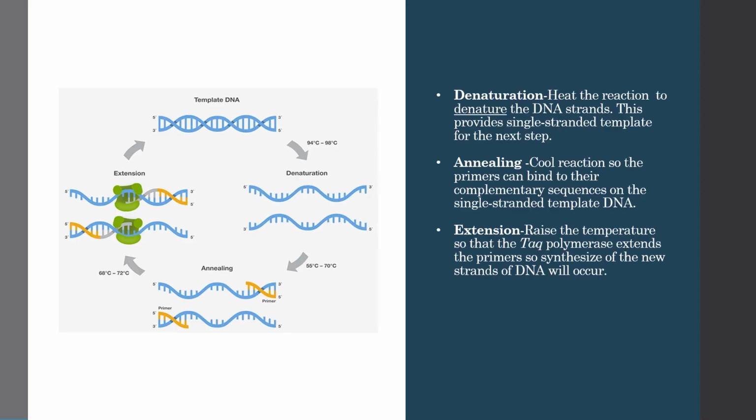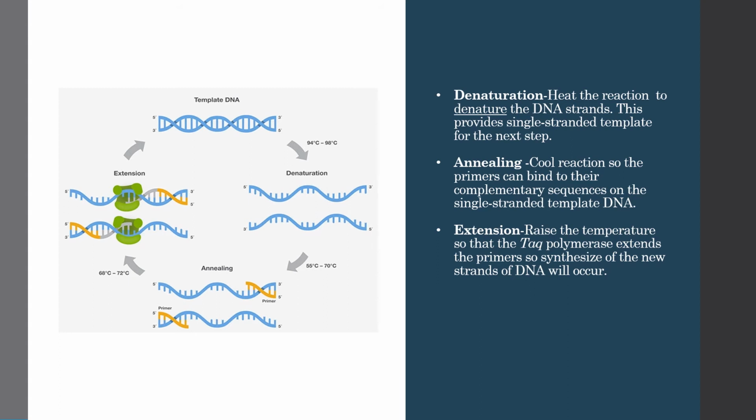These are the three main stages. The first stage is denaturing. So what's going to happen, instead of the helicase coming in, because that's naturally occurring, we have to physically open it up. So we're going to heat it up to about 94 to 96 degrees Celsius. We're going to break those hydrogen bonds and have two single-stranded templates now, remembering that DNA is naturally a double helix.